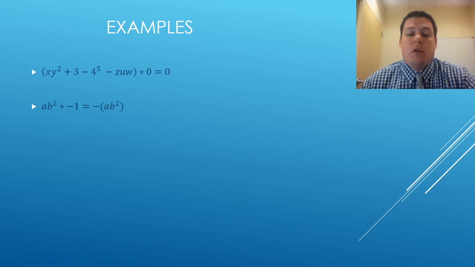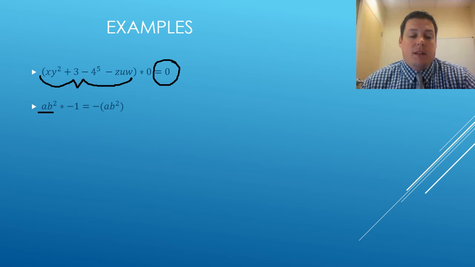So here are two quick examples. If I have some lengthy equation, it doesn't matter what this means: xy squared plus 3 minus 4 to the 5th minus zuw. If that whole thing is times 0, our answer is 0. Anything times 0 is 0.